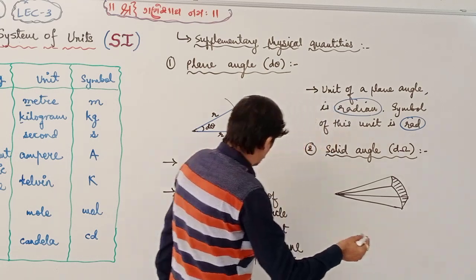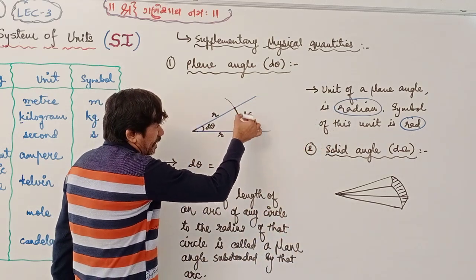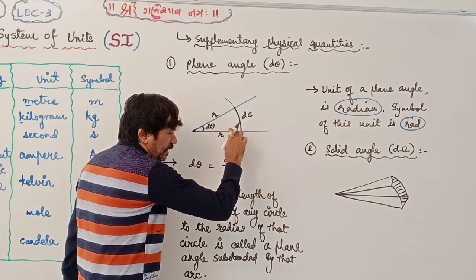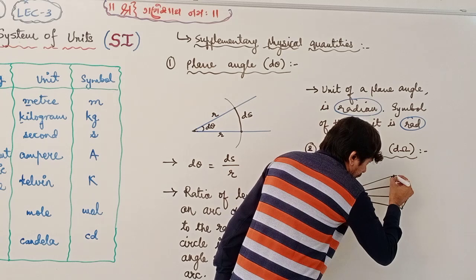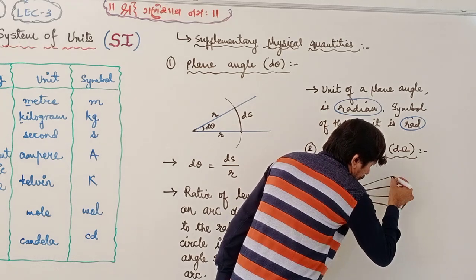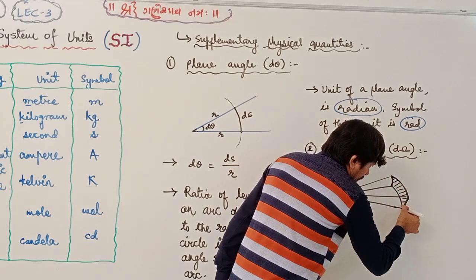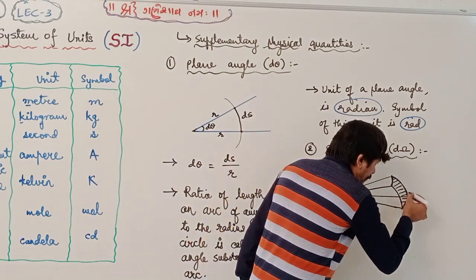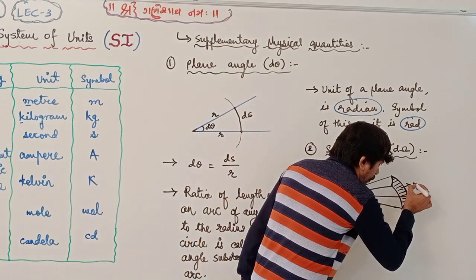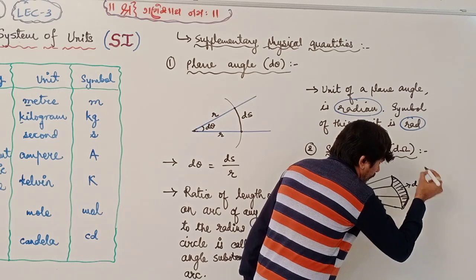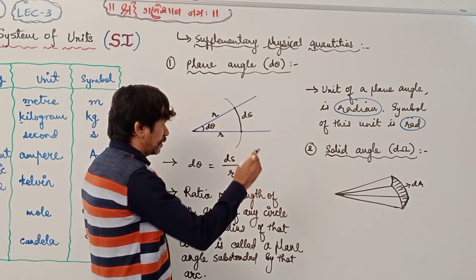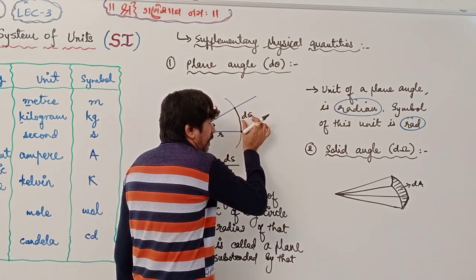In the circle case it was only an arc, so it has only one dimension, that is length of an arc. Here it is length and breadth, since it's a part of a spherical surface. Part of a surface is measured as an area, that is denoted by dA. Here it was ds, length of the arc.